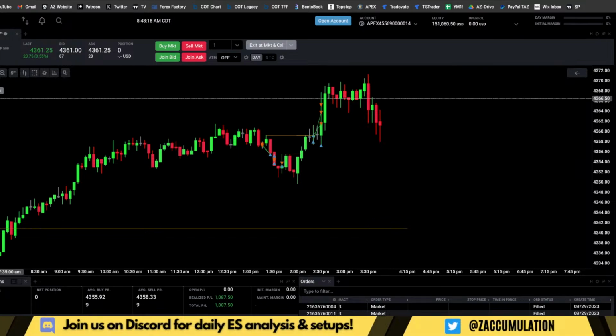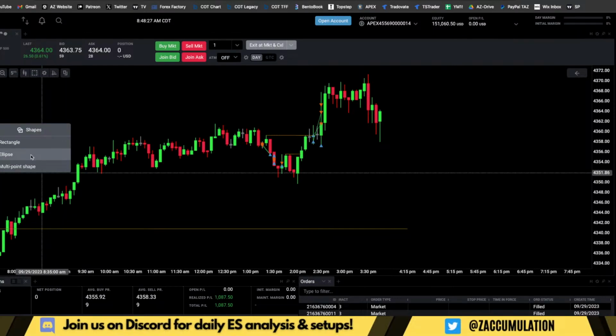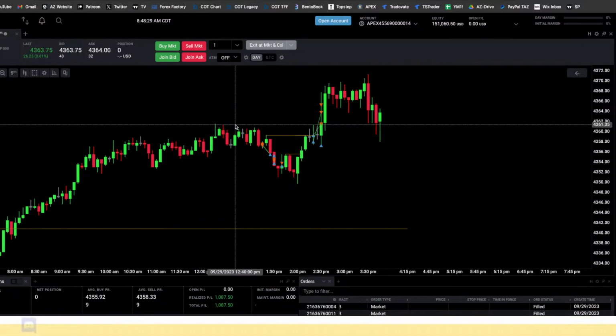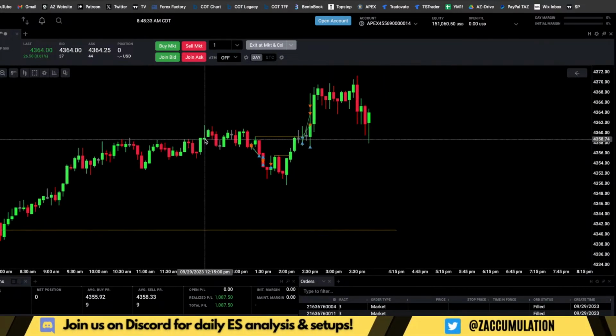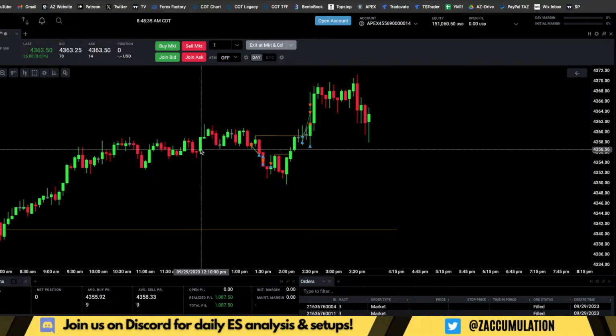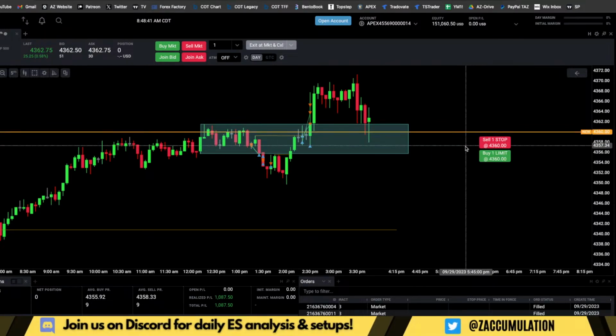Can I draw boxes here? Data box, drawing tools, shapes, rectangle. So we look for that highest up closing candle, which in my opinion would be these two. This is our breaker block.